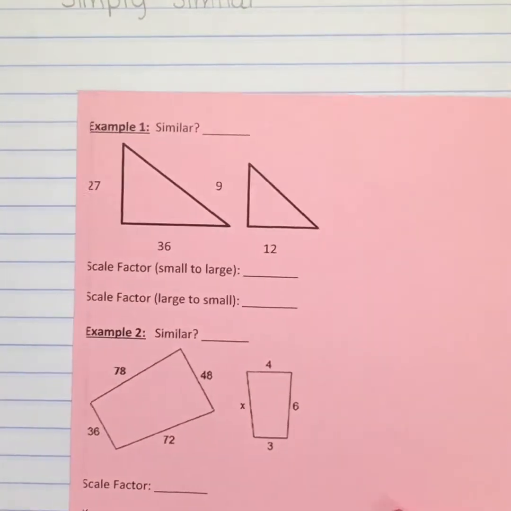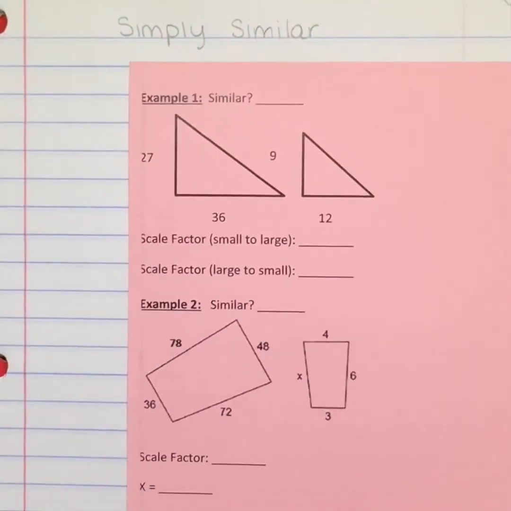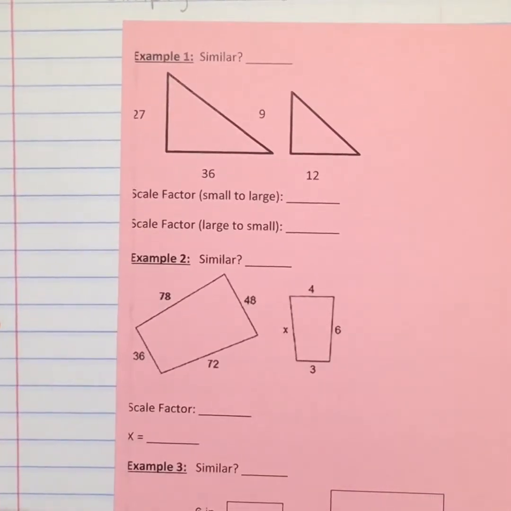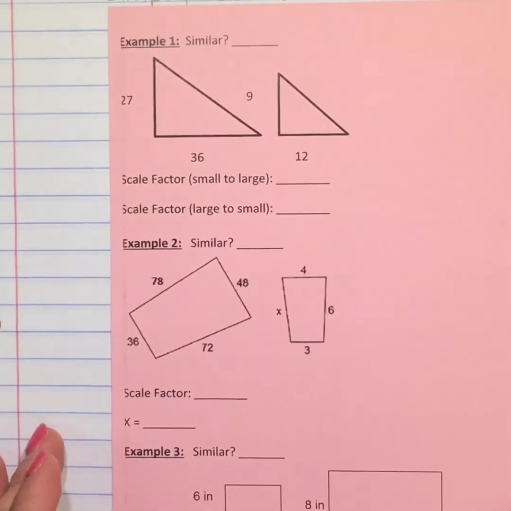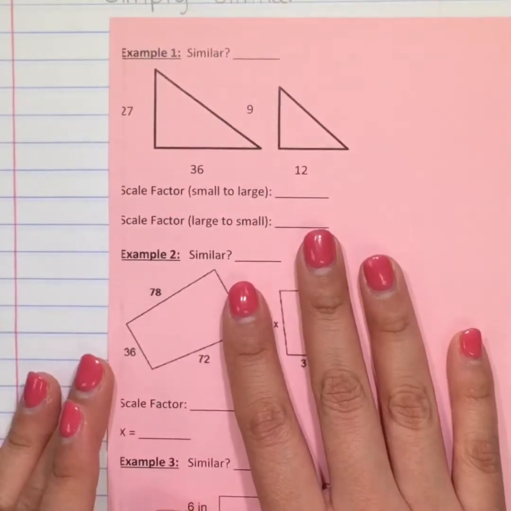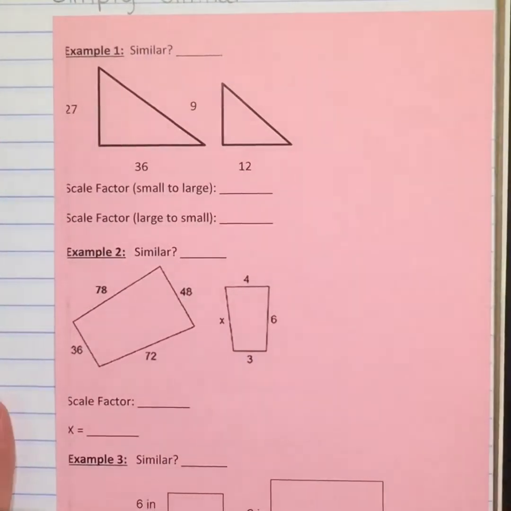Okay, so if you flip over your spiral on the next page, we're on page 79, and we are going to be using this little handout right here, and we're going to be looking at some examples and deciding whether they're similar or not. Now, you're going to want to glue this in, the handout, all the way as far as you can to the right.